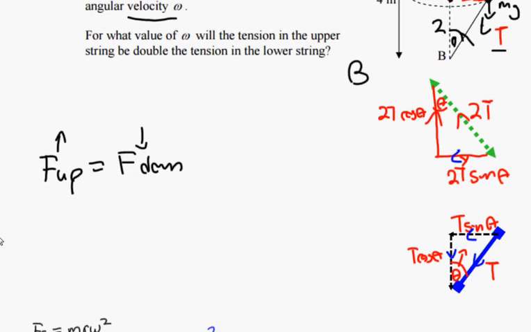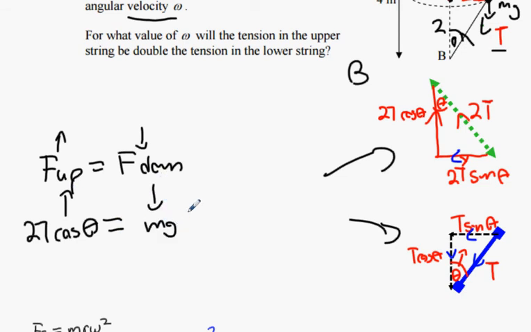So what's the force going up, guys? Look at your diagrams here and here. So we're going to have 2t cos theta, and then what goes down? Mg. And what else will go down? And t cos theta goes down.